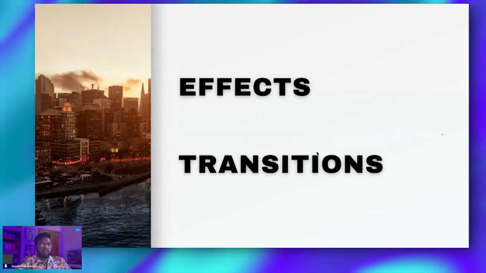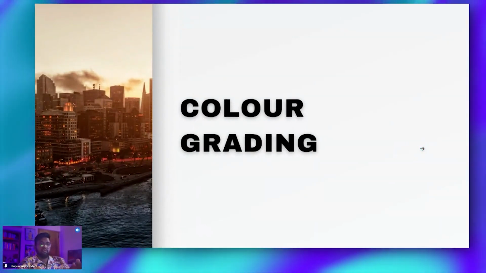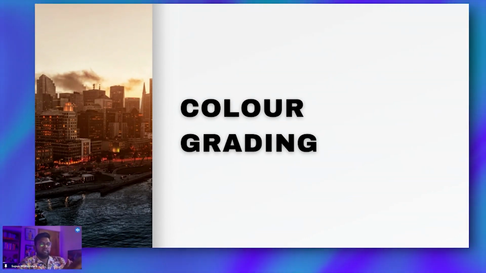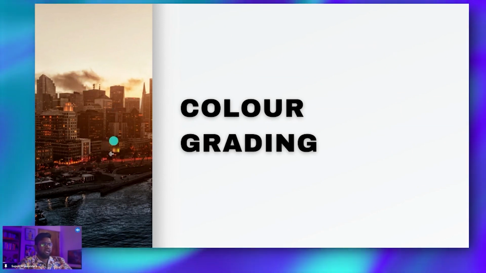Before diving straight into color grading, there are a few steps. The first step in color grading is color correction, which is correcting the video. If you can see in this photo here, the colors look artificial.